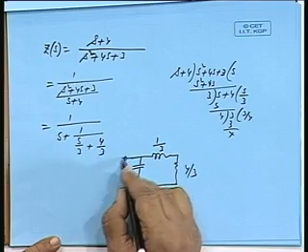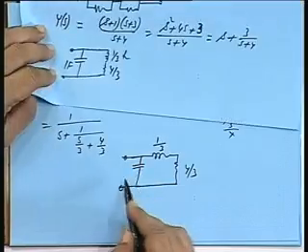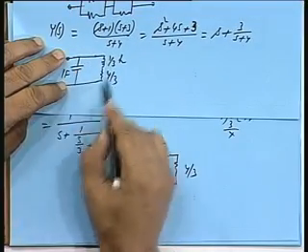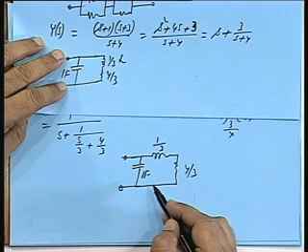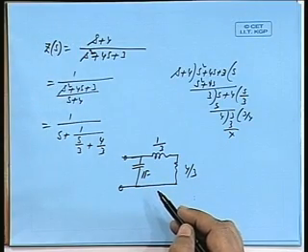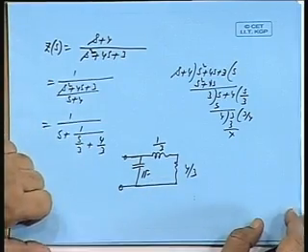This is Cauer 1, okay. Cauer 1 synthesis is the same as Foster 2, it is the same thing, 1 farad, is it not? It is coming as Foster 2, Cauer 1 and Foster 2. Cauer 2, reverse the order and then see.